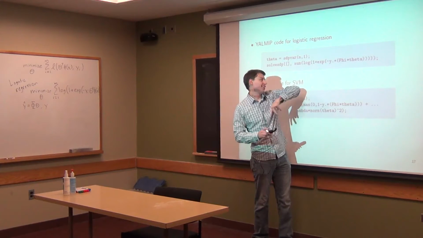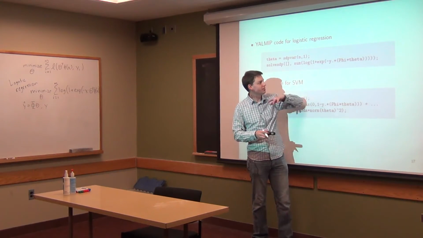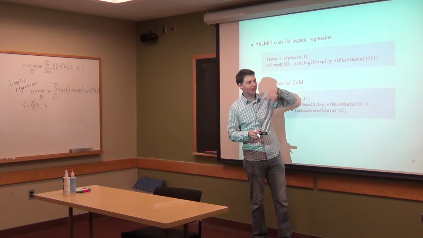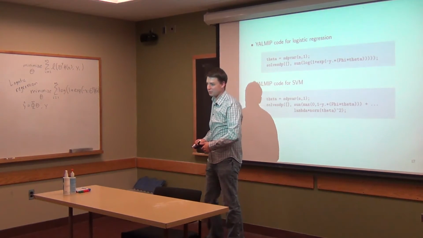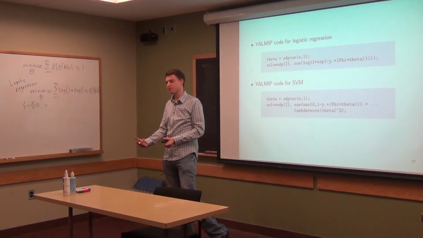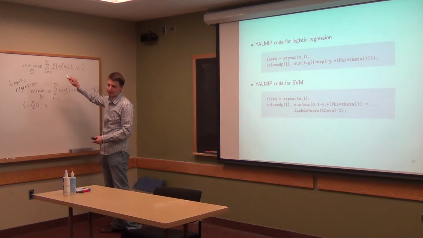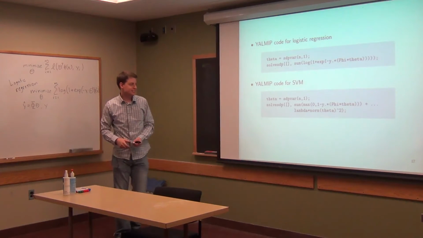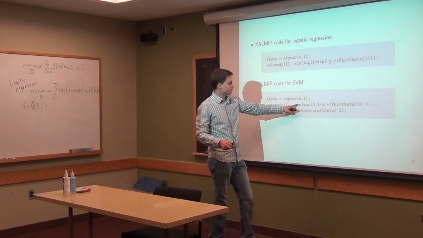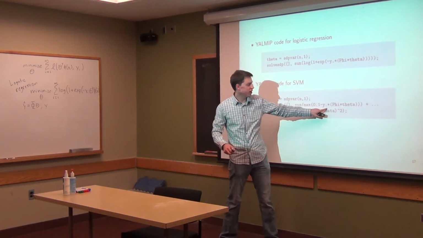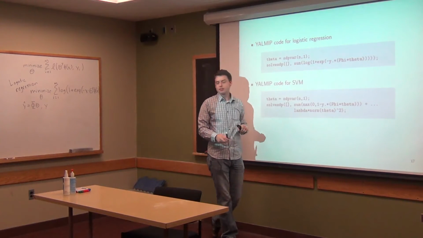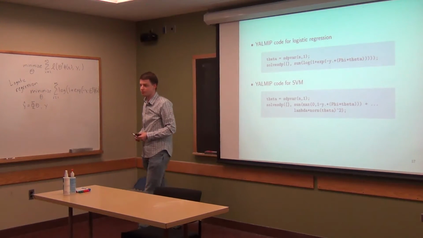Take the exponent, that takes the exponent of all of them individually, add 1, that adds 1 to all of them individually, take the log, element-wise, and then the sum of those. So that is just this thing, a convenient way of writing this in MATLAB. And same with the SVM. You just have the hinge loss here instead of the logistic loss.